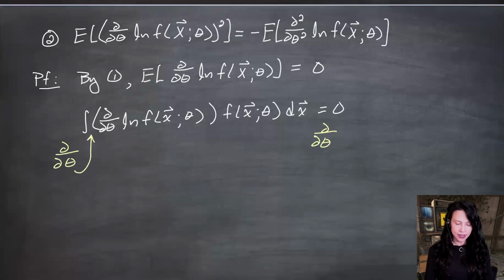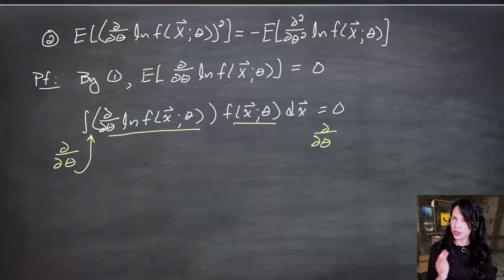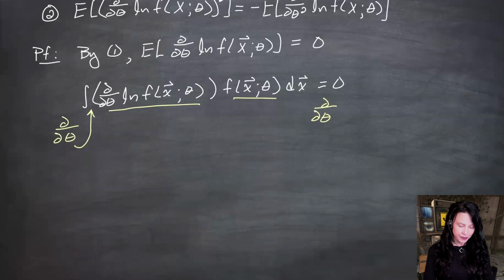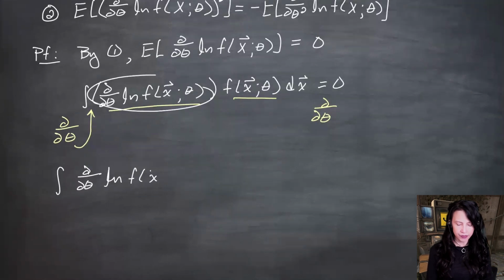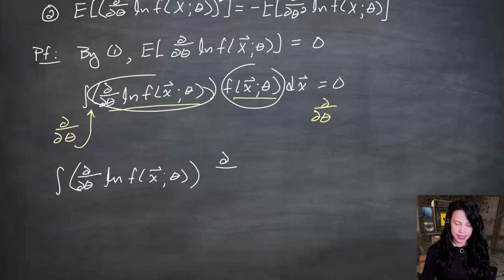And then I want to take the derivative of the product of this and this. So I'm going to do a product rule for derivatives. So we get the first thing, which is d theta log f of the vector x and theta, times the derivative of the second thing, so d theta f of x and theta, plus the second thing times the derivative of the first.